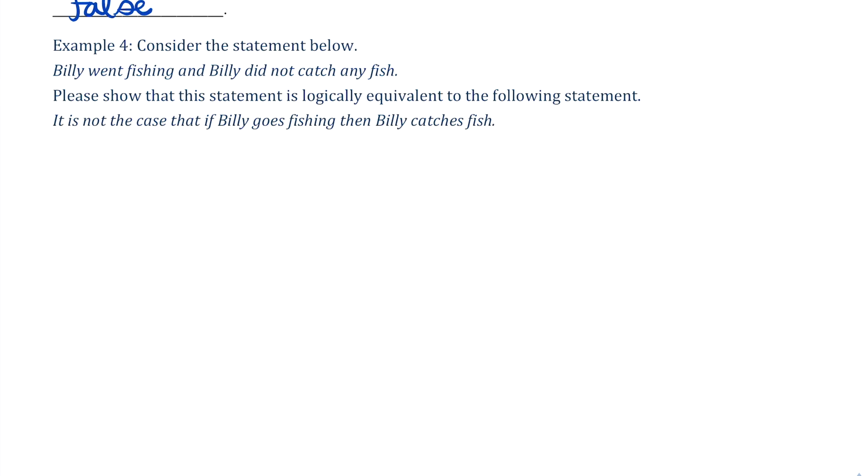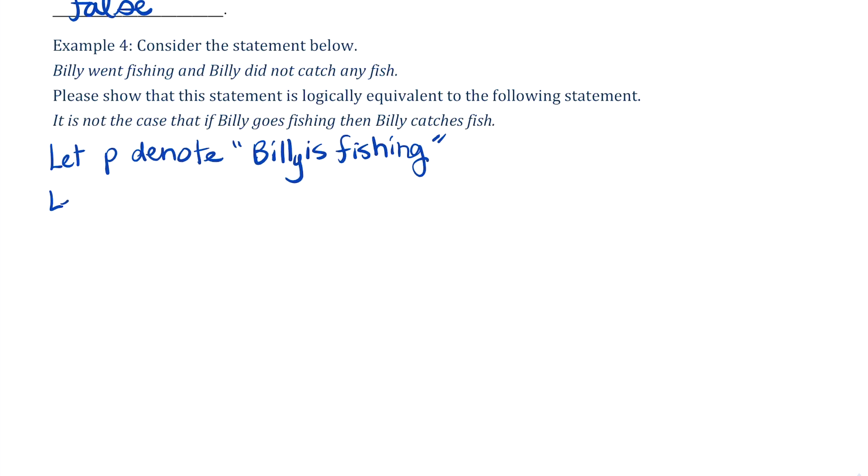So here, why don't we let P denote "Billy is fishing" and then we can let Q denote "Billy is catching fish."